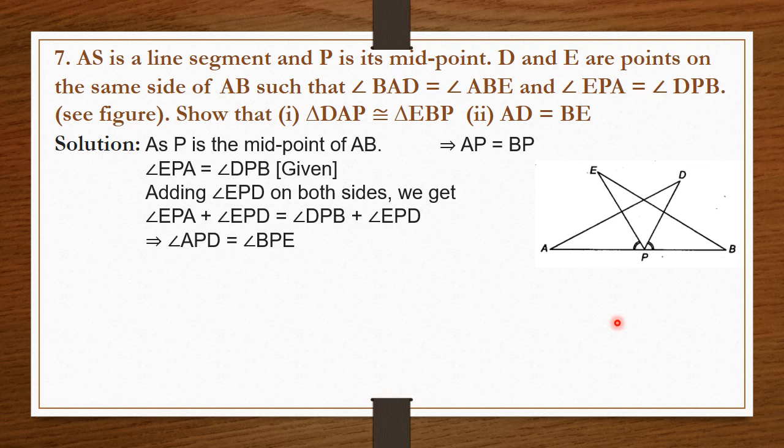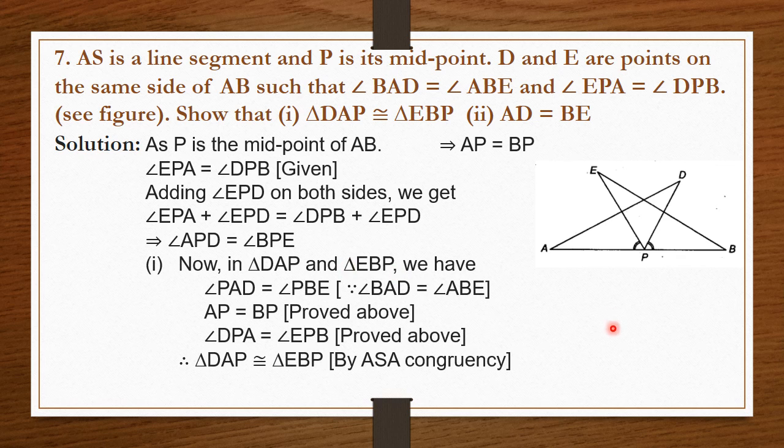As P is the midpoint of AB, AP is equal to BP. Angle EPA is equal to DPB, already given. Now adding EPD on both sides, we get angle APD equal to angle BPE.